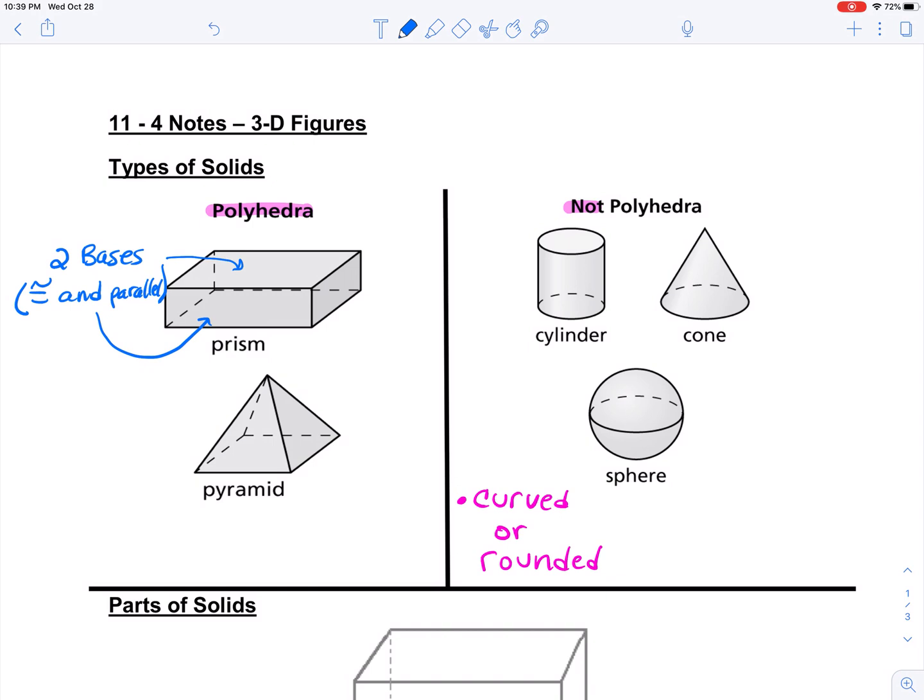The sides are rectangles. Versus the pyramid, which only has one base, and your sides are not rectangles, they are triangles.